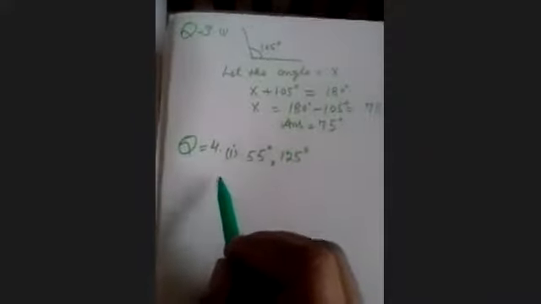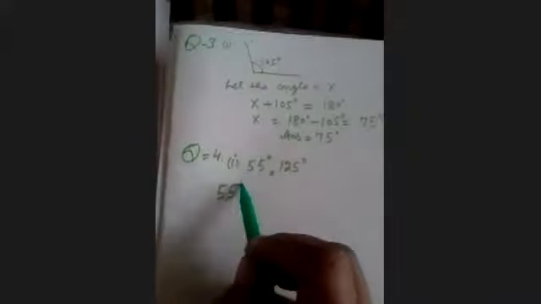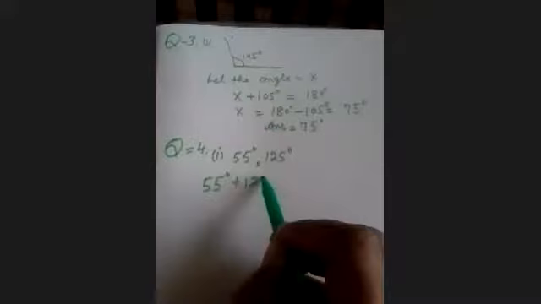If the sum is 90 degrees, then the angles are complementary. If the sum is 180 degrees, then the angles are supplementary. Simple. 55 plus 125 is equal to 180 degrees. So these angles are supplementary.